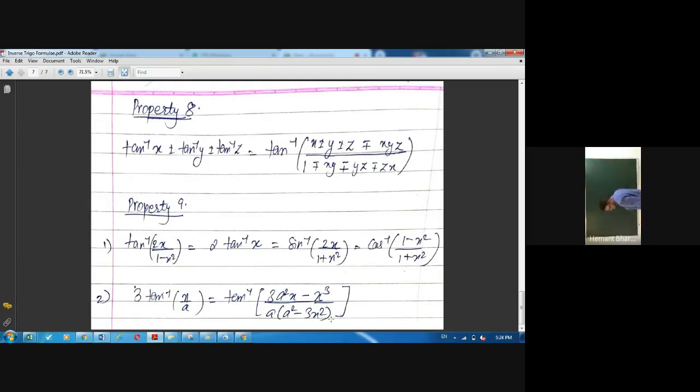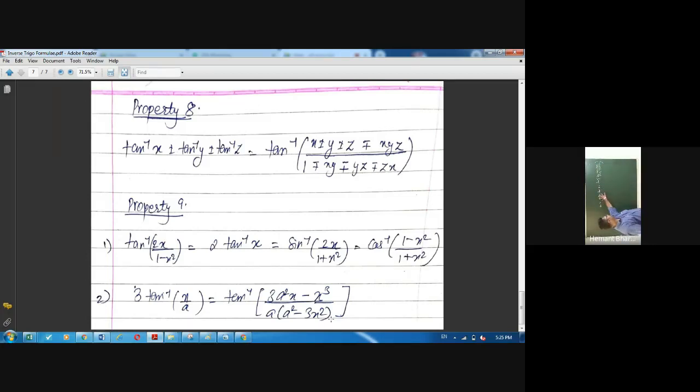It is for tan inverse of x, y and z. 3 terms if I have to add together. Then tan inverse of x plus tan inverse of y plus tan inverse of z can be written as tan inverse of x plus y plus z minus xyz upon 1 minus xy minus yz minus zx.